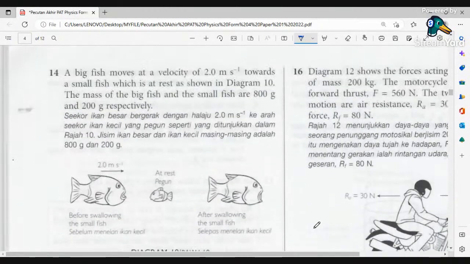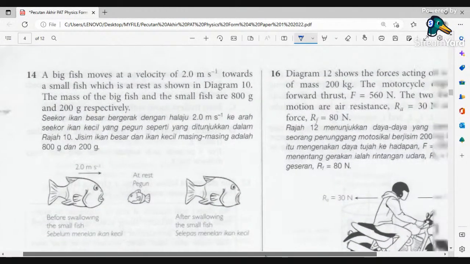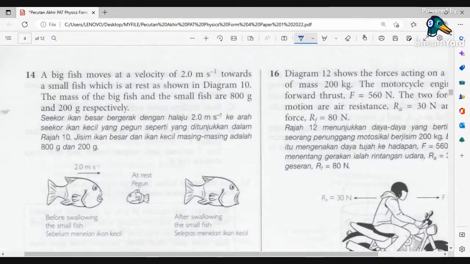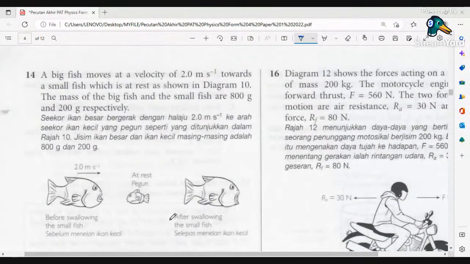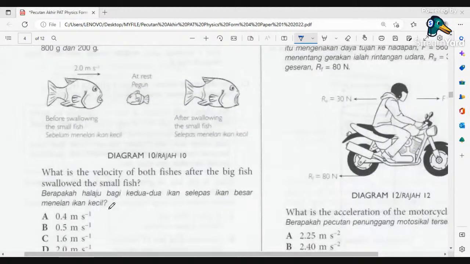Okay, number 14. A big fish moves at velocity of 2 meters per second towards a small fish which is at rest. The mass of big fish and small fish given. Soalan: what is velocity of both fishes after the big fish swallowed the small fish?